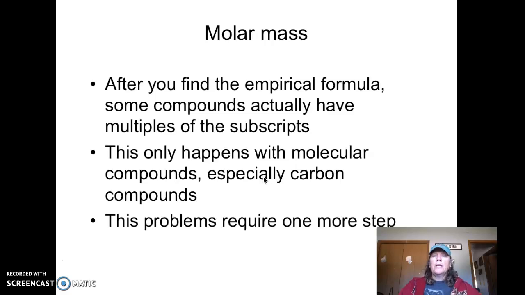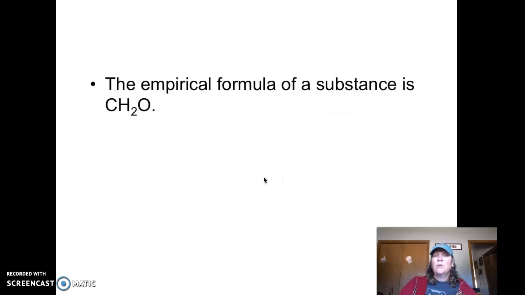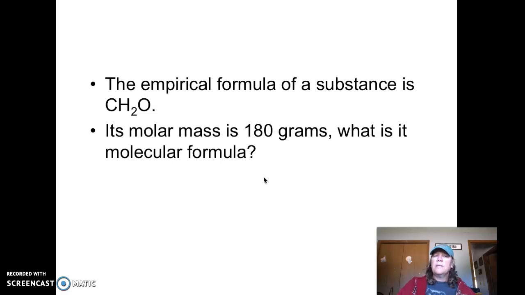All right. So for this problem, all you have to do is one more step, and I'll show you how. Let's say we found the empirical formula, the simplest formula, and it's CH2O. Its molecular mass is 180. So what is its molecular formula? I'm going to take the 180 and divide by the mass of this one.